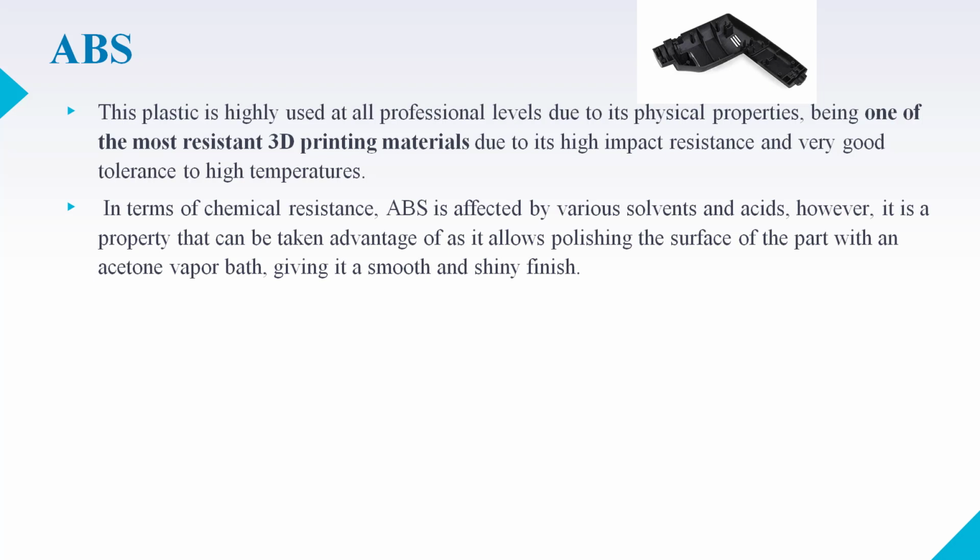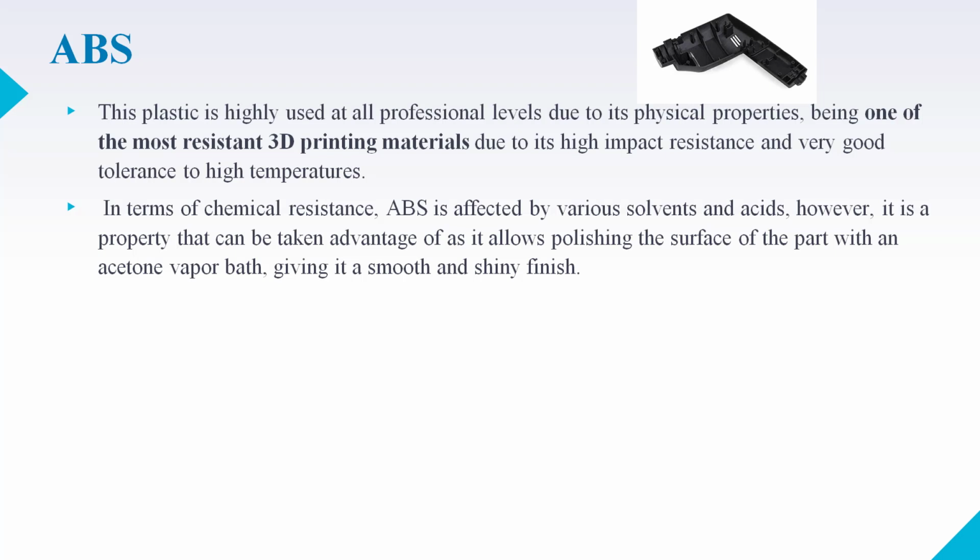When you talk about chemical resistance, ABS is affected by various solvents and acids. Its chemical resistance is less, which is a disadvantage, but we use it as an advantage, since it allows polishing the surface of the part with an acetone vapor bath, giving it smooth and shiny finishes.